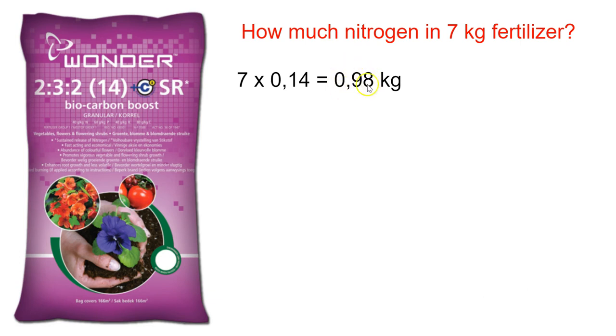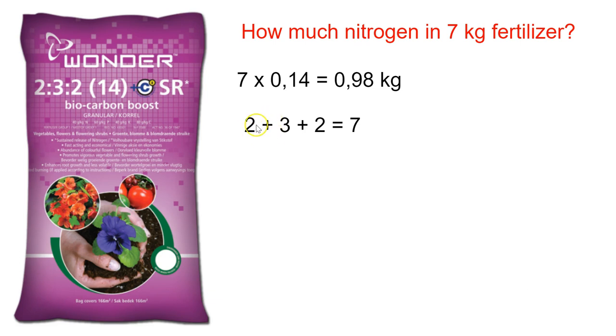Now we know that this 0.98 kilograms must be divided into the total parts that we have. So how many parts do we have in total? 2 plus 3, which is 5, plus 2, which is 7. So I have 7 parts in total, and I know that 2 of these 7 parts is nitrogen.